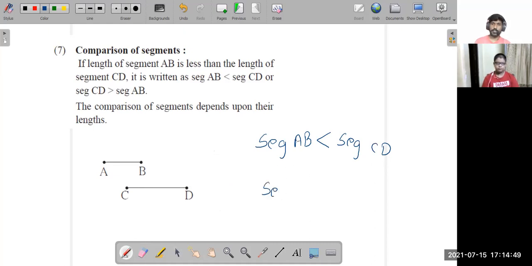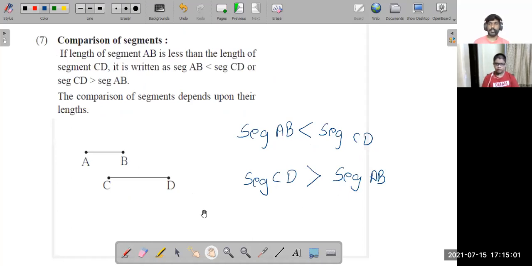So you can write it like this also: segment CD is greater than segment AB. Correct? Now, comparing two line segments depends on their length. If their lengths are equal, then we can say both the line segments are equal or congruent. So have you understood the term comparison? Yes, sir.